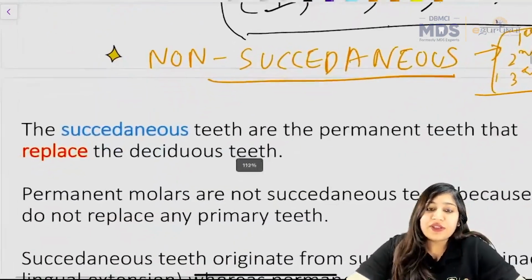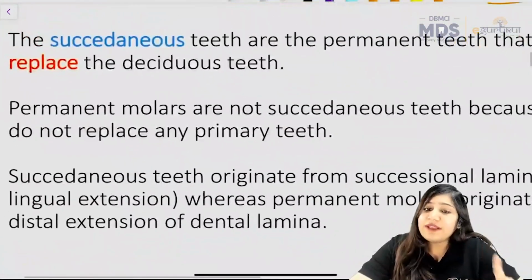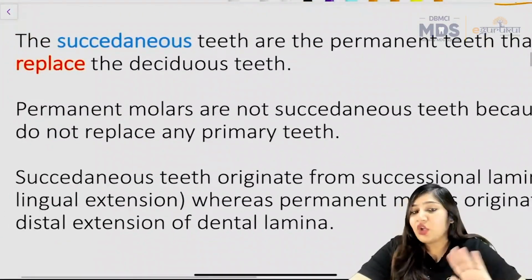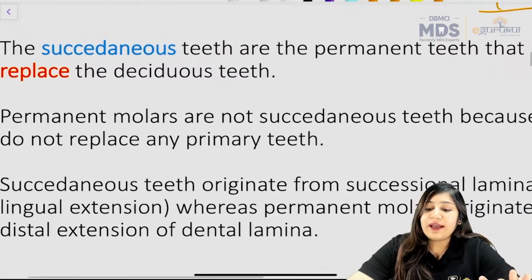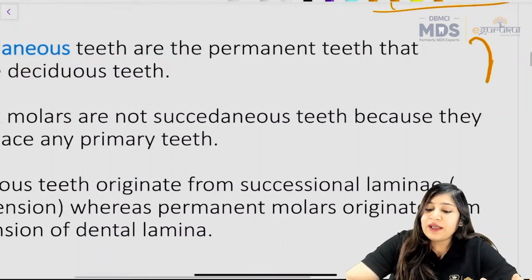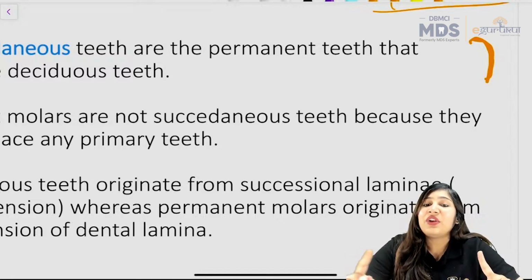Right. So succedaneous teeth basically replace our deciduous teeth. We always remember permanent molars are non-succedaneous teeth because they do not replace any deciduous teeth. They usually arise from distal extension of dental lamina.